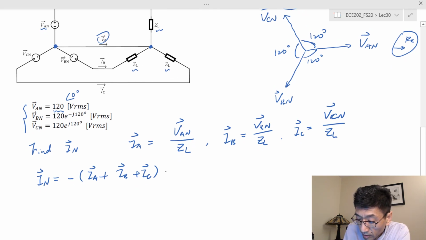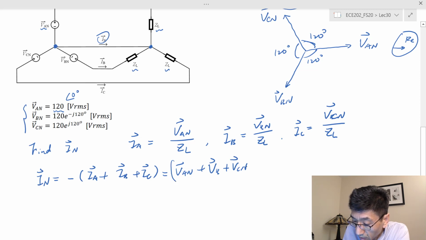So we can factor out this Z sub L. We get VAN plus VBN plus VCN, times negative 1 over Z sub L.